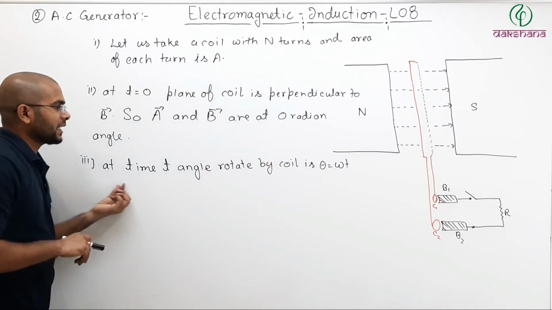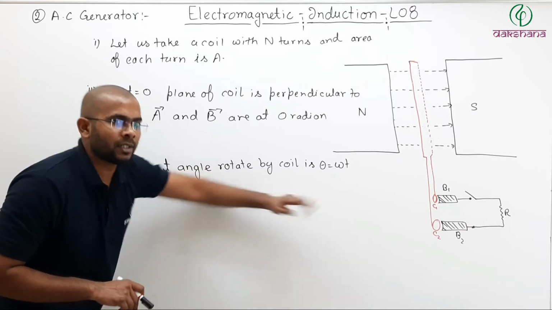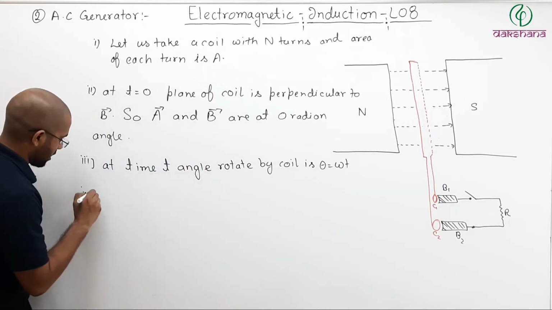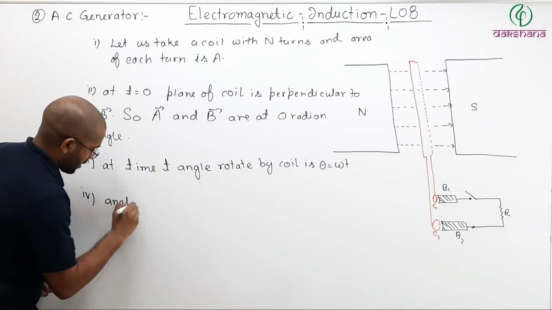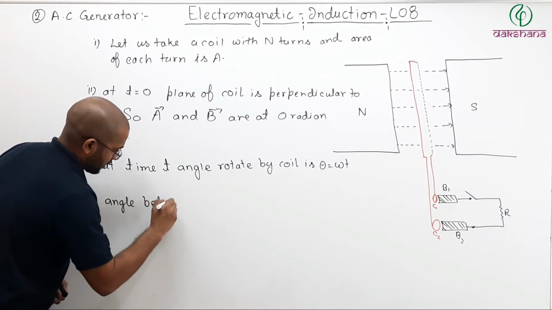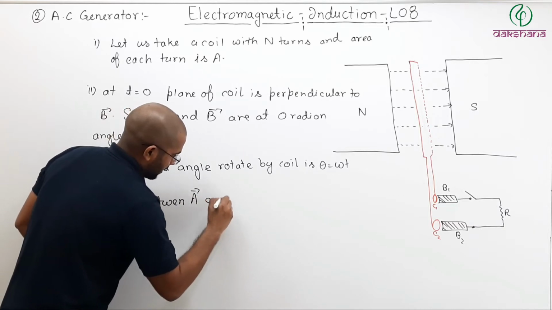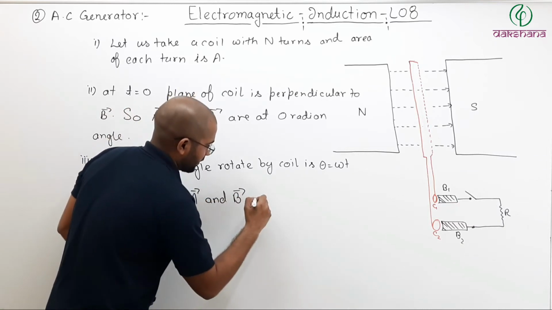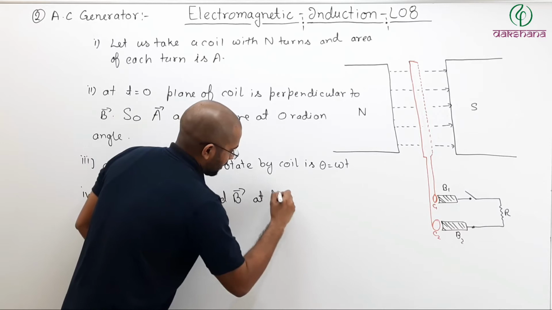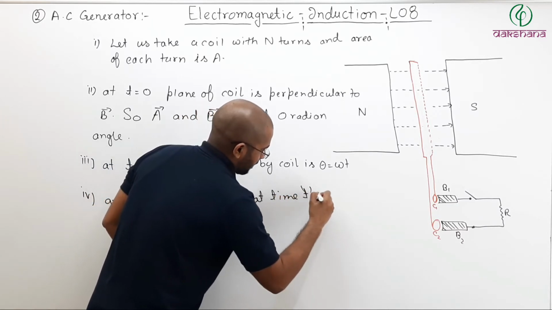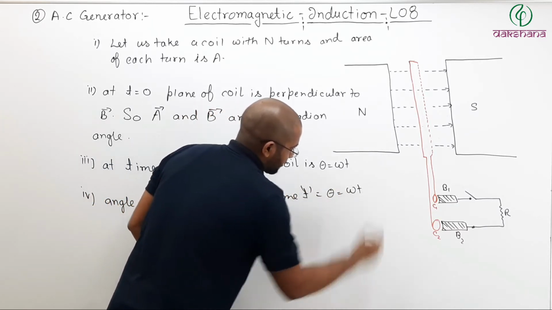So the angle between area vector and field vector at time t will be theta equals omega times t.